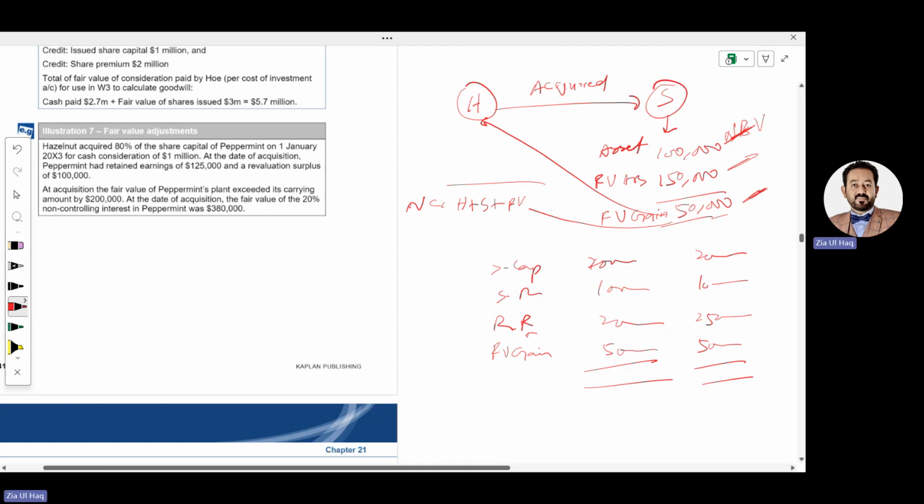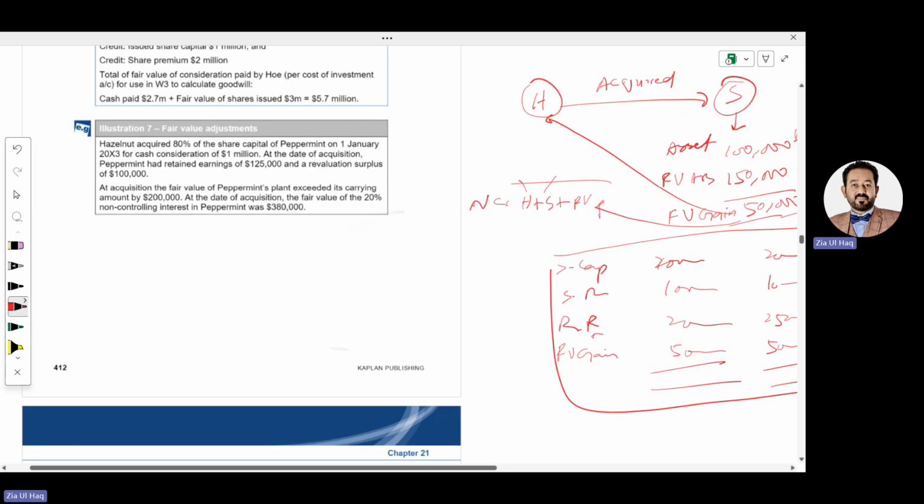If the subsidiary can get this benefit, the holding company can also get this benefit. So while preparing consolidation, in the calculation of net assets, we need to include this fair value gain, and it should be added to consolidated assets. How do we calculate consolidated assets? Holding company assets plus subsidiary assets, plus we add this in the calculation.